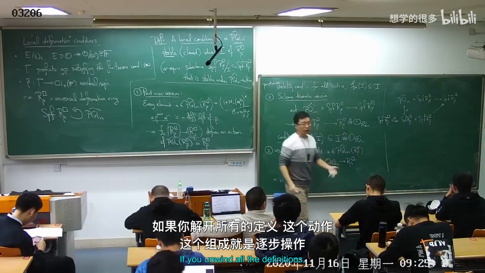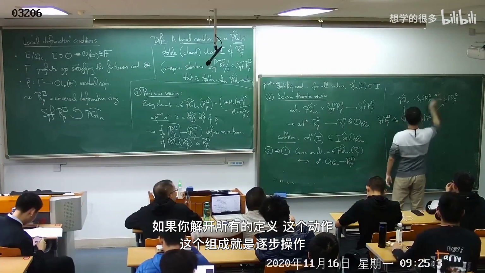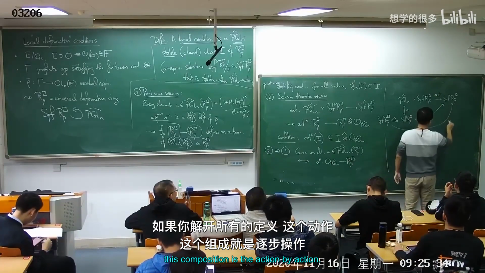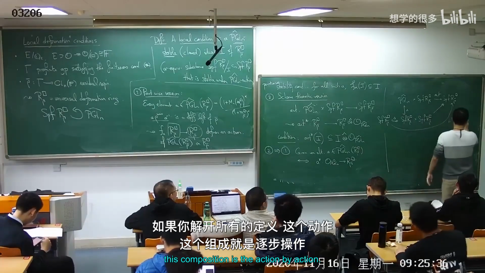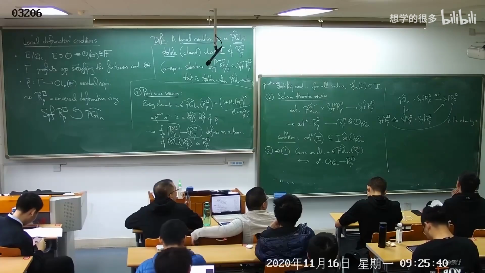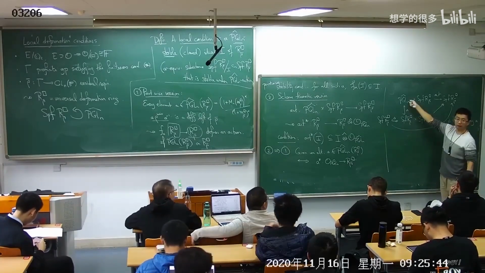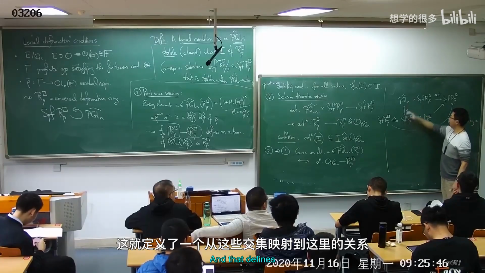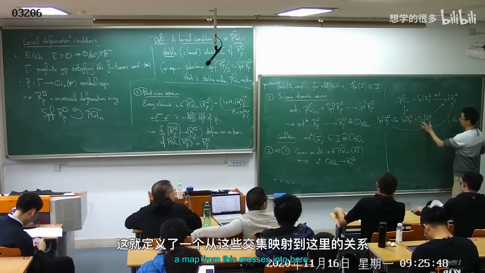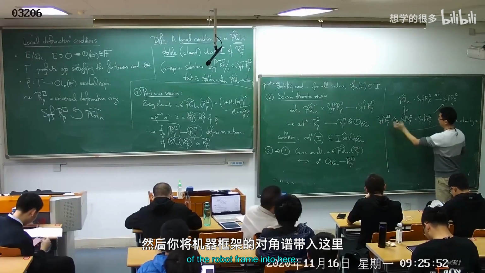If you unwind all the definitions, this composition is the action by A. So this is the universal action, and then you take a point in here, and that defines a map from this cross into here, and you take the diagonal of Spec R rho bar frame into here.